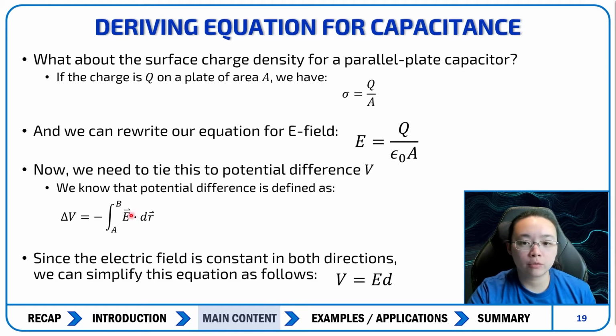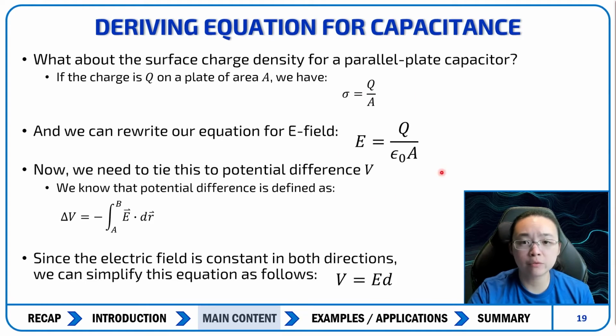Try the dot product over here with E dotted with dr. If the electric field is constant in both the directions, you can factor out the E, and then you just have the negative integral of dr, which is the distance or the path traveled. And so you end up with ED as your final value.